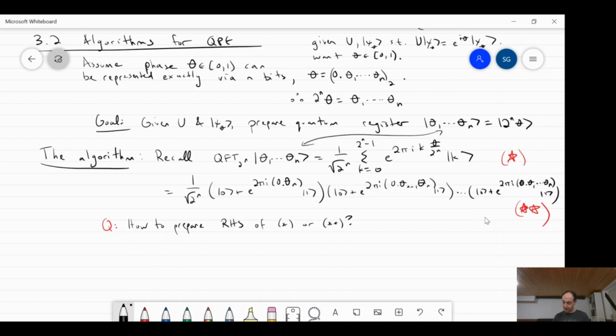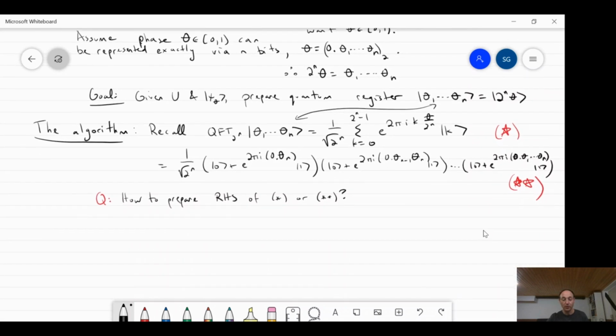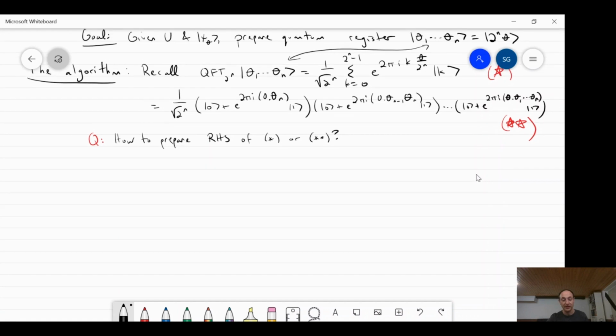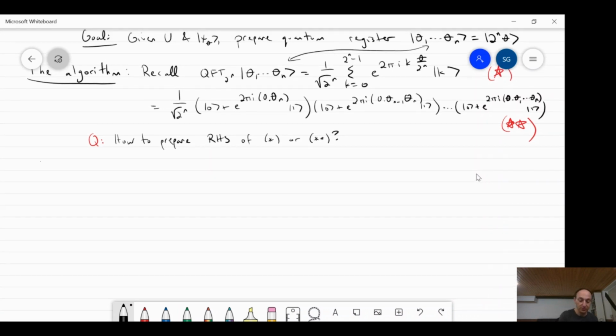And now, depending on how much we want to assume about U, we get two slightly different algorithms. This is the more restrictive one, in the sense that we're going to require a larger assumption on U. I told you that as input, you're able to implement U, but it turns out that's not necessarily going to be enough.